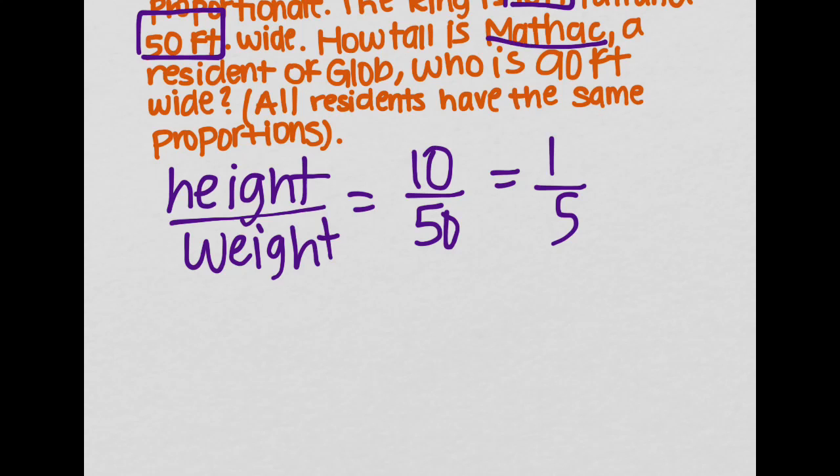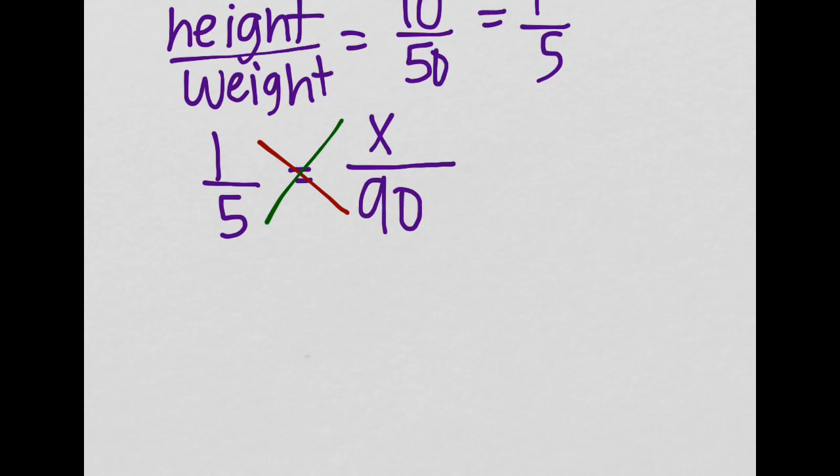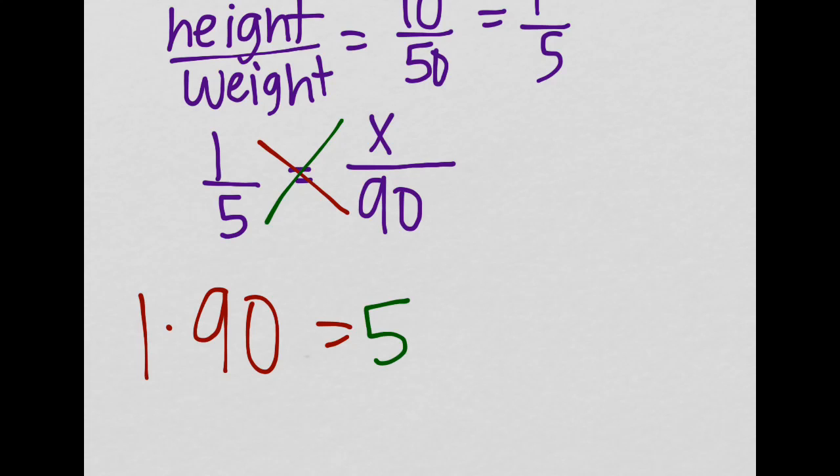So we know that 1 over 5 must equal x over 90, right? Because we want to find his height. So now this is when we cross multiply. So we have 1 times 90 is equal to 5 times x.